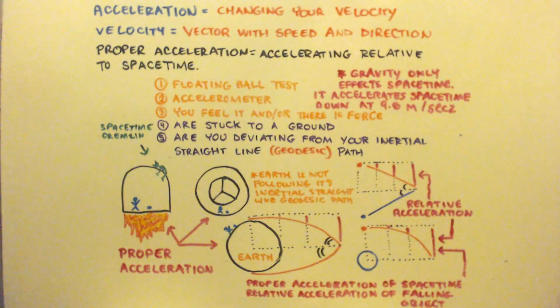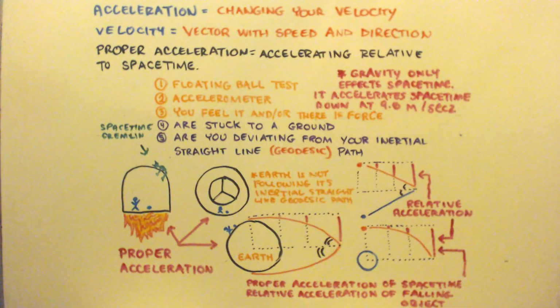You see, gravity only affects space-time. It accelerates space-time down at 9.8 meters per second squared. If you are falling with space-time at 9.8 meters per second squared, then relative to space-time, you are not moving. So you are not accelerating, and you're not proper accelerated. You're just sitting there floating, okay?